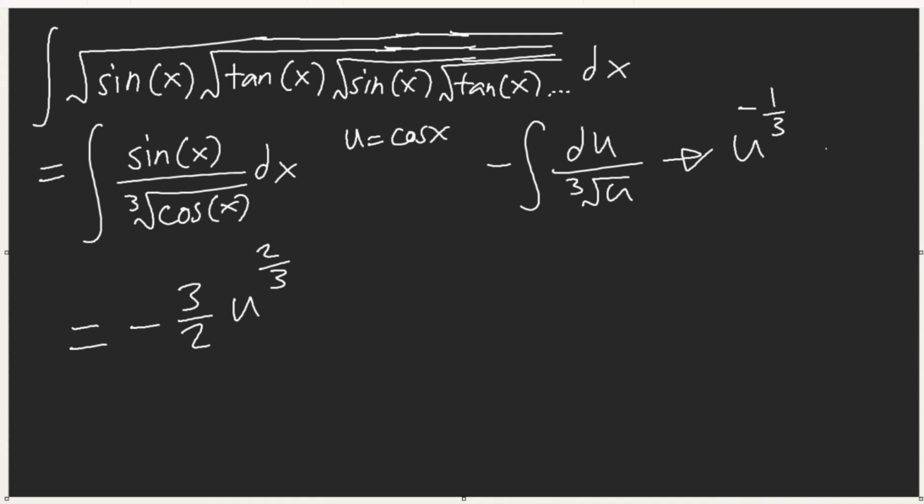I'm just double checking to make sure I don't do this incorrectly. Plus 1, we get 2/3, 3/2. Yep. So our answer should be negative 3/2 cosine of x to the 2/3 plus c.